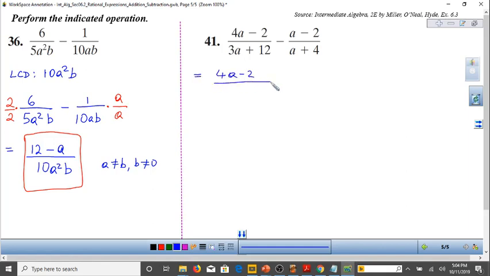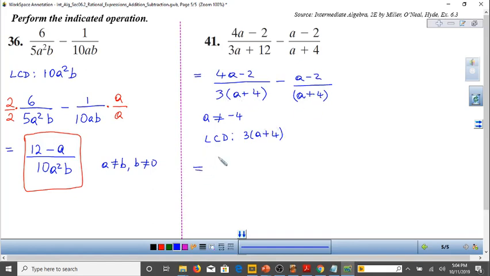So we have 4a minus 2 over 3 times a plus 4, and then minus a minus 2 over a plus 4. And of course, we then point out that a is not allowed to be negative 4. So we'll remember that. So the LCD will simply be 3 times a plus 4 because that's the first denominator here, and this a plus 4 is covered already.